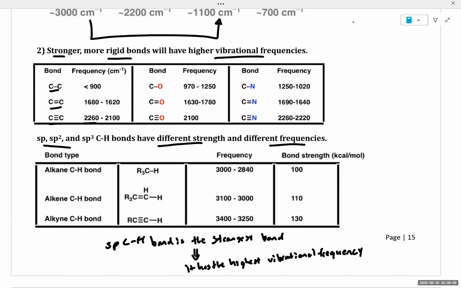So, stronger, more rigid bonds have higher vibrational frequencies. The larger and heavier the atom connected to that bond, the lower the vibrational frequency.